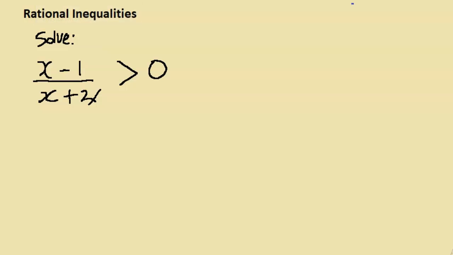In other words, what values of x would make this entire expression, x minus 1 over x plus 2, be a positive number or greater than 0. And again, we do this by finding what we call the critical values.